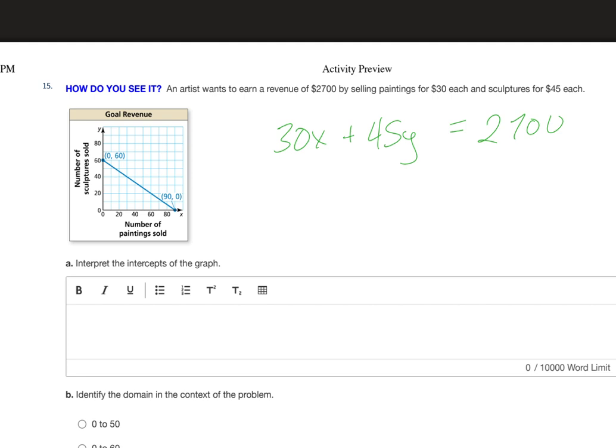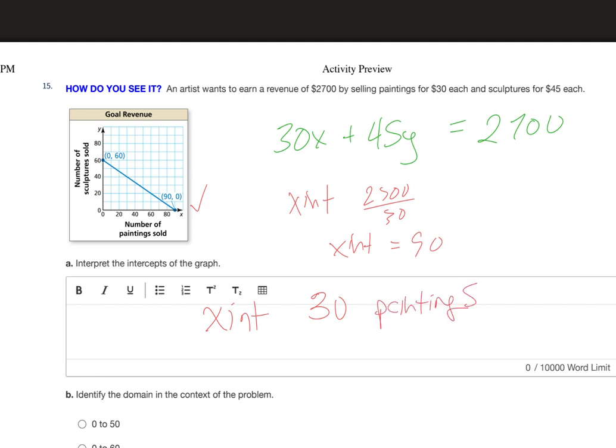So if we were to do the x-intercept, well, so that's 0, right? And you'd have 2,700 over 30. So the x-intercept is 90. Okay, so boom, it checks out the same for us. So the x-intercept is we sell 30 paintings, and the y-intercept would be you sell 60.